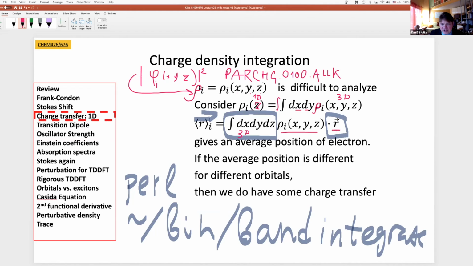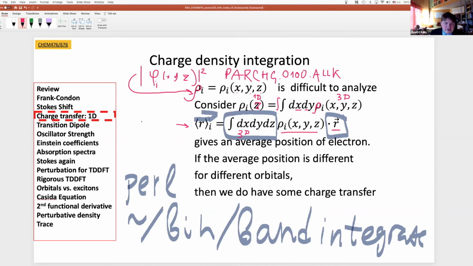Multiplied by position and perform this integration, then it will give the expectation value of position for a given orbital, which tells the approximate average position of charge. Same like there is a center of mass in engineering and physics, here it will be center of charge. And this will be even simpler to speak about transition from charge being localized in one position of space to another position of space.